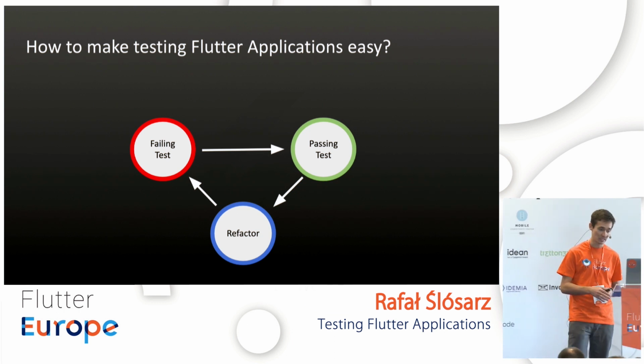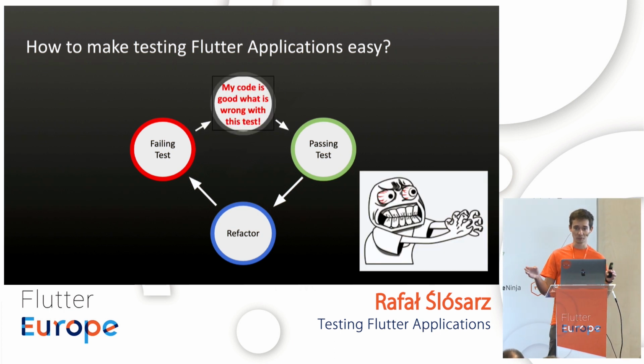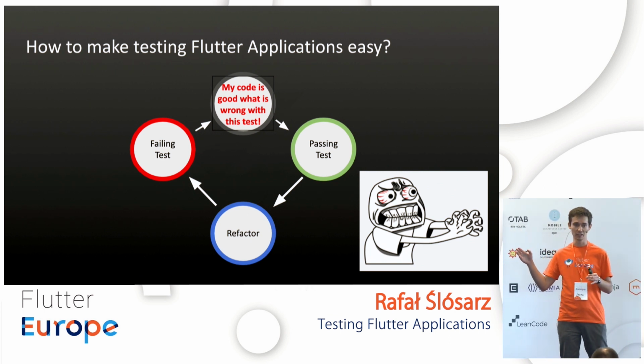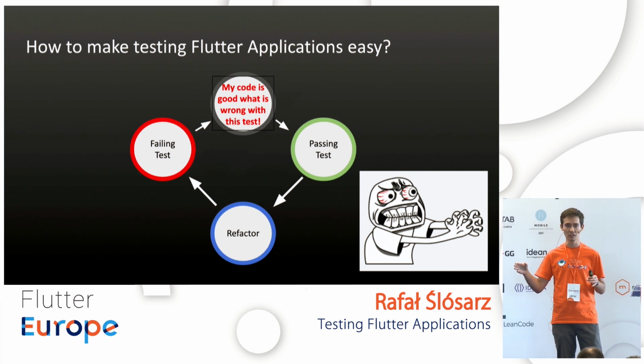But as we all know, it doesn't actually work like this, because usually between writing this failing test and writing the code that fulfills this test, there is a lot of frustration and trying to find an answer why the code is not working.